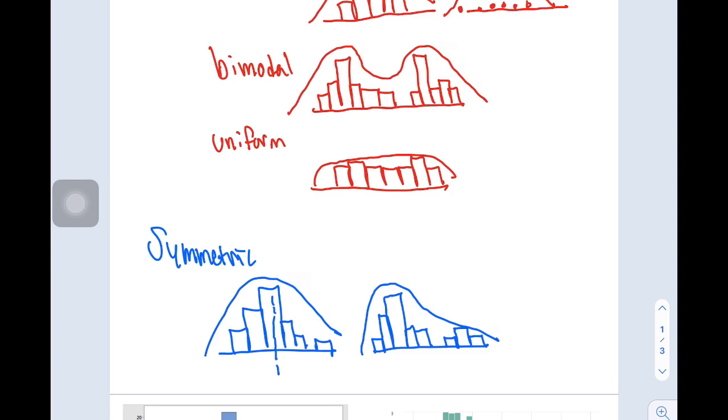Where it's not as symmetric as the first one, and we see that these data points over here are a lot higher than these data points. So it's being pulled to the right, this distribution. So we say that this is skewed, S-K-E-W-E-D, skewed right.